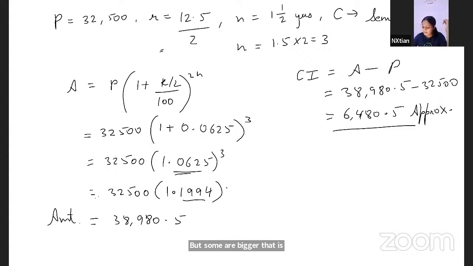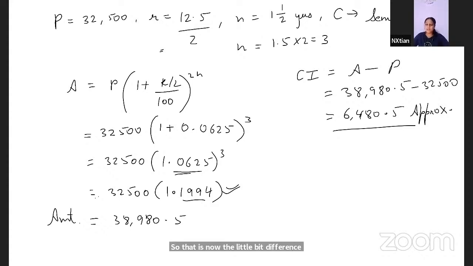So he multiplied that with the principal, got the amount, then subtracted the principal, and got a number slightly more than this one. That is how the little difference comes.